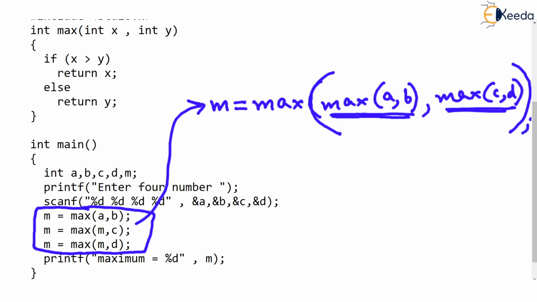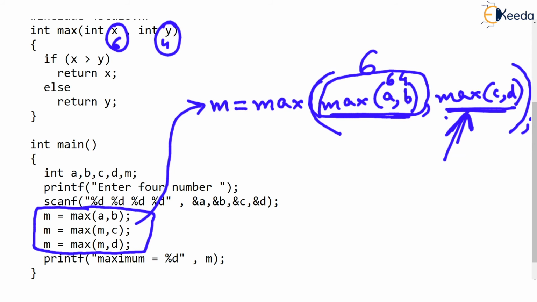Let's imagine a is 6 and b is 4. Now you know then x will become 6 and y will become 4 and the function will ultimately return 6. But where is 6 returned? 6 is returned at the call. Just don't forget that. Now this max call will initiate and say, let's say c is 2 and d is 1.